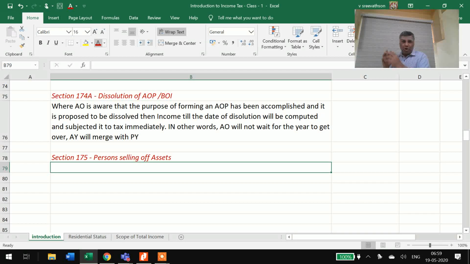But in these extraordinary cases, where I am aware you are trying to sell off the asset with the intention of avoiding payment of taxes, I will not wait for the year to get over. I will then and there tax you. I will say pay the tax, then go for the transaction. Pay the tax including for the sale of asset. Then only you are liable to go for the transaction.